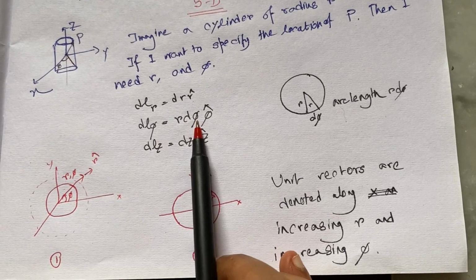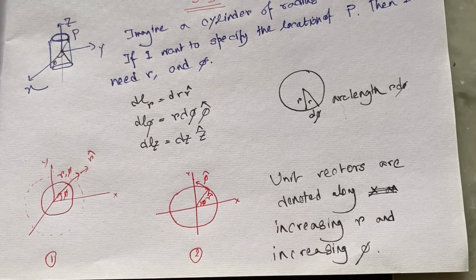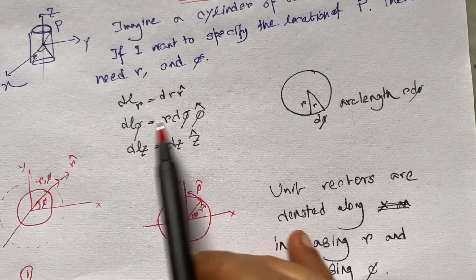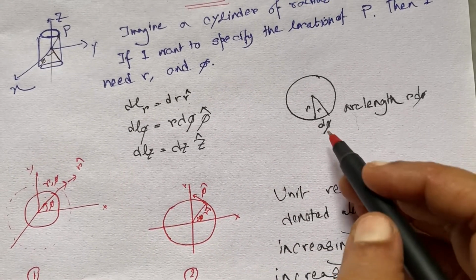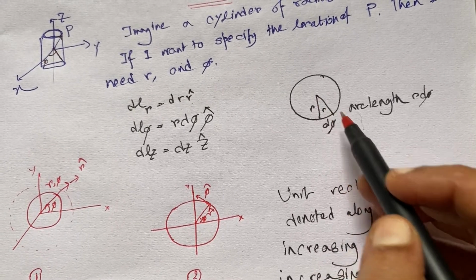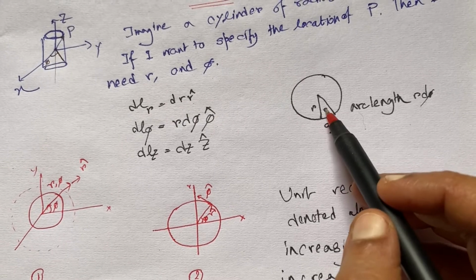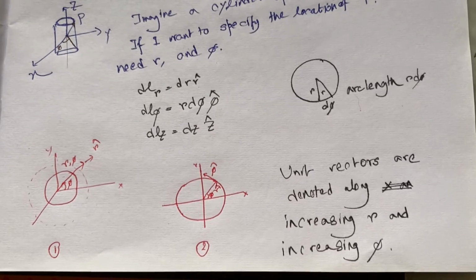Because it's a length, I need to specify a length, not the angle. If I just write this d-phi, that will not do, because this is a length. So in order to match the dimension, I need to write the arc length. And if r is the radius of the cylinder and d-phi is the angle, then this arc length, we know, is r d-phi. So this justifies this equation.